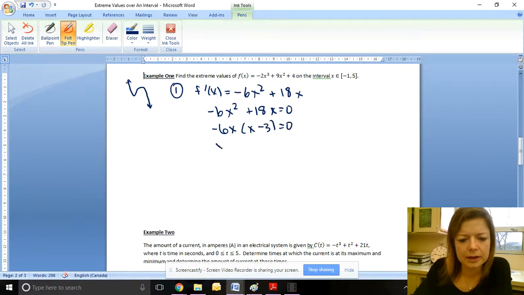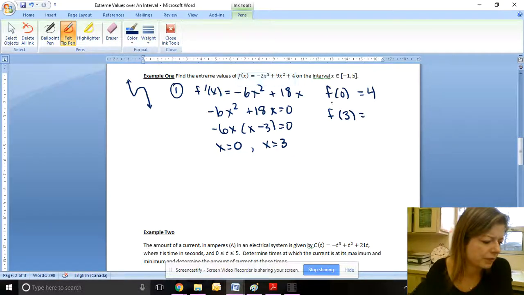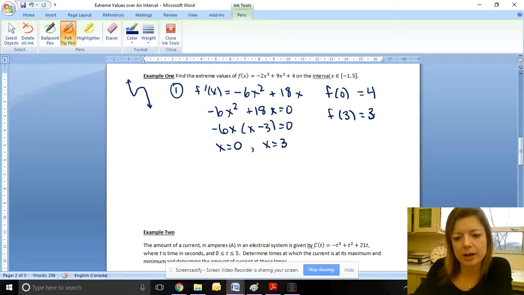So therefore, at x equals 0 and at x equals 3, our derivative is 0, which means it gives us a horizontal tangent, which means those are the two bumps, the valley and the peak. So now we find f at 0, so that's back at the original function, and that equals 4. And we find f at 3, again, putting it back into the original function, and that gives us 31.